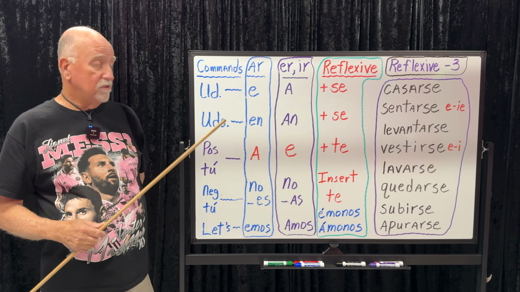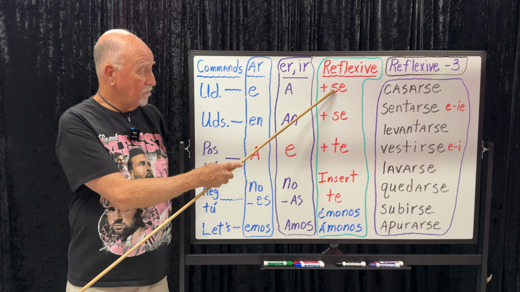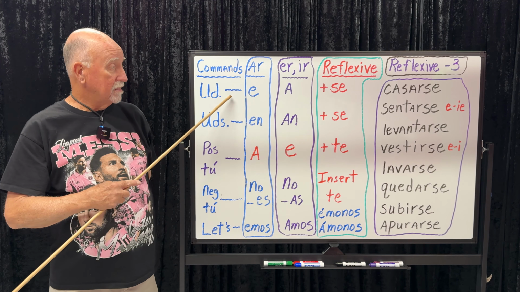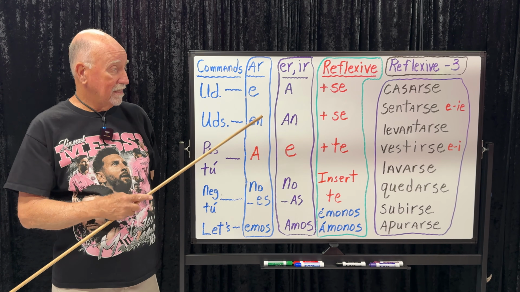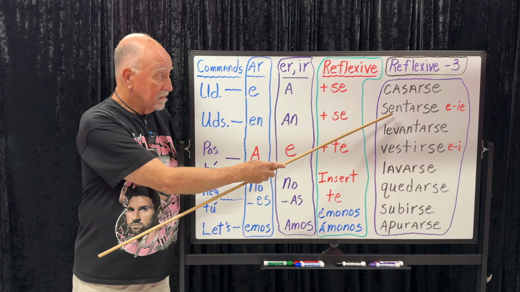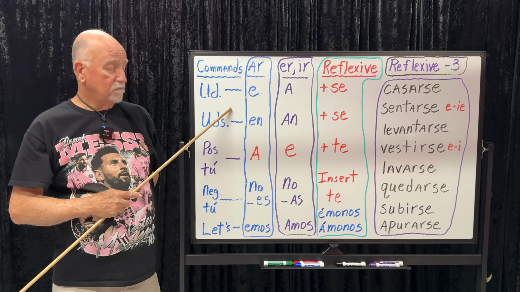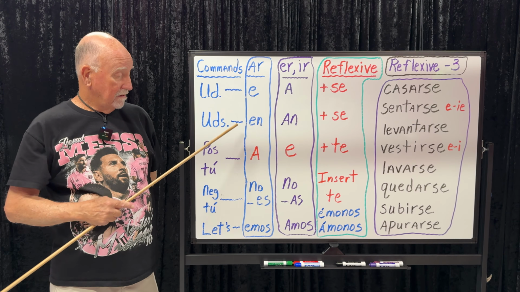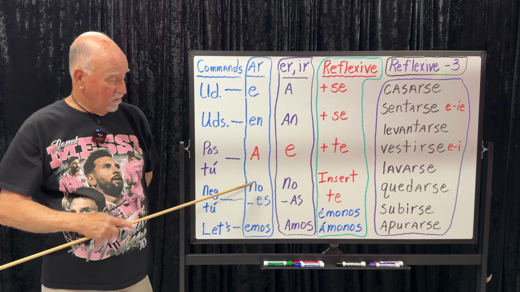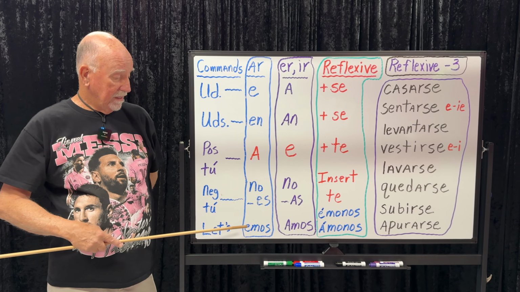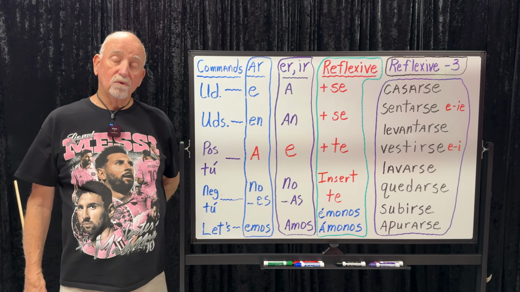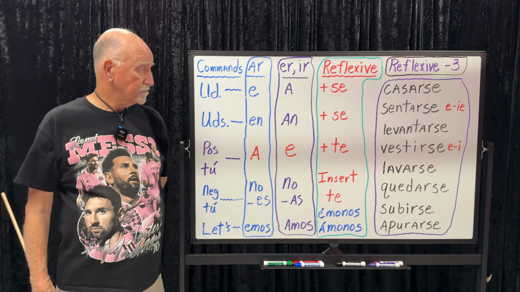And if you want to do a negative command, the pronoun goes in front of the actual command. Again, let's take sentarse. Don't sit down would be no se siente. To a group, no se sienten. To your friend would be no te sientes. And let's not sit down would be no nos sentemos.